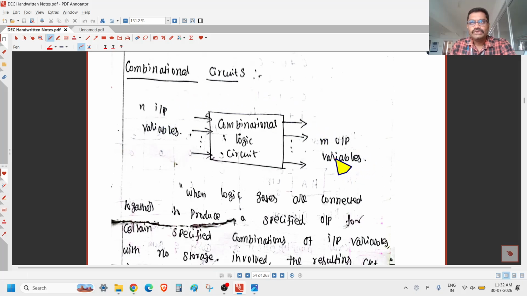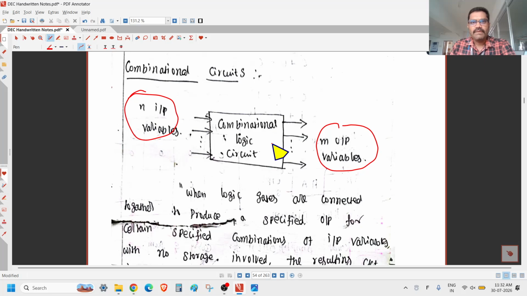Generally, the technical definition of a combinational logic circuit is when all the logic gates are combined together to perform a specific task with the help of a set of inputs, n number of inputs, and it will deliver m number of output variables, right? So that is the basic introduction of a combinational logic circuit.